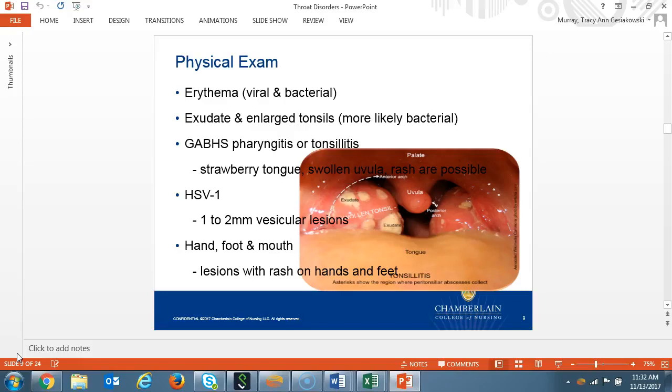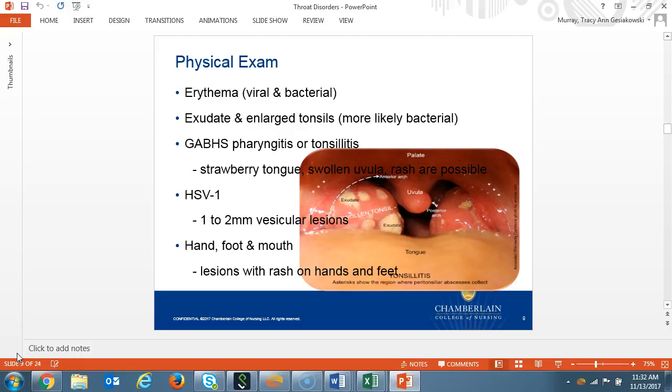On inspection, the inflamed throat typically appears reddened with both viral and bacterial causes. Exudates and enlarged tonsils are common findings in bacterial infections. Streptococcal infections may produce white to yellow exudate on the tonsils, a red tongue with enlarged papillae, commonly known as strawberry tongue, and a red swollen uvula.